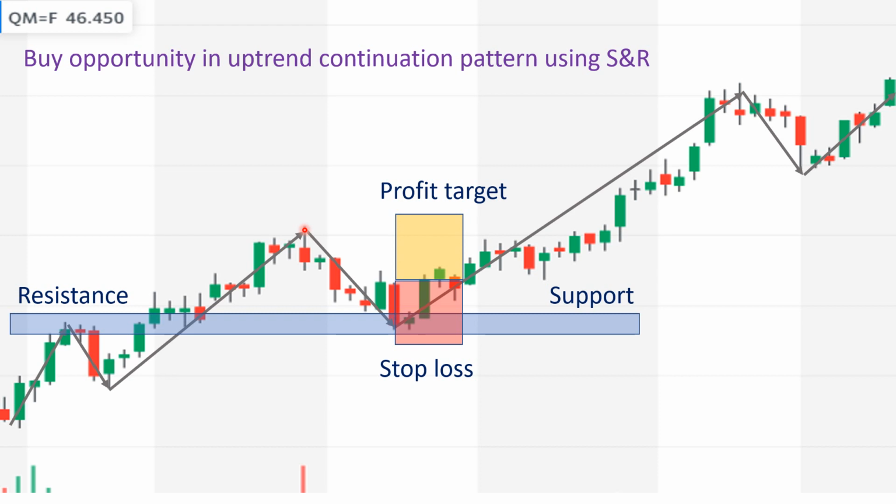So this is how you find entry opportunities in an uptrend continuation pattern and put your stop loss and profit target.